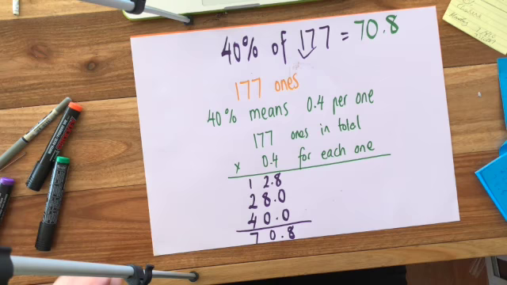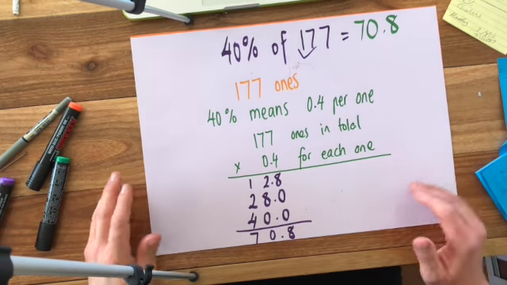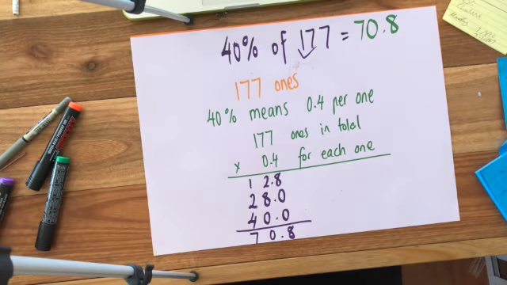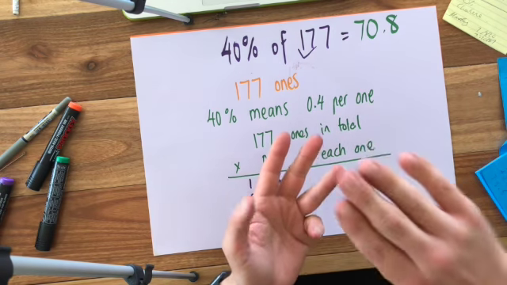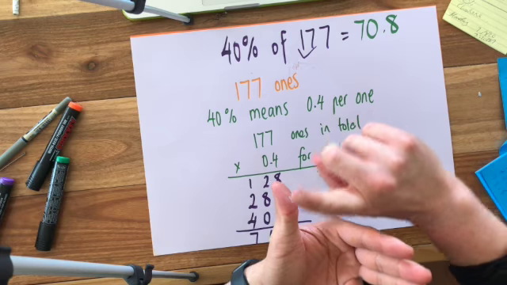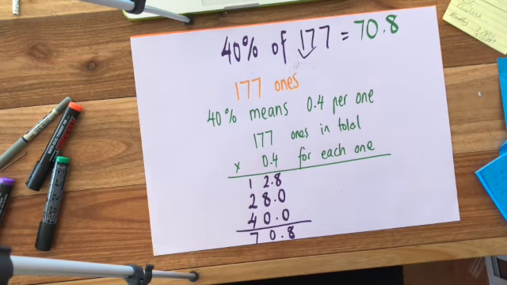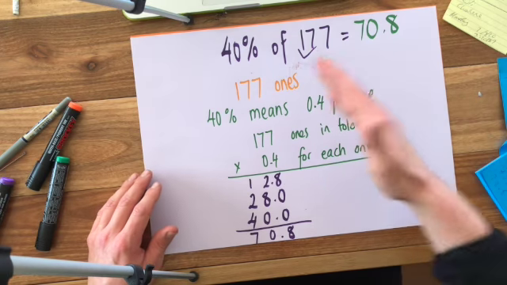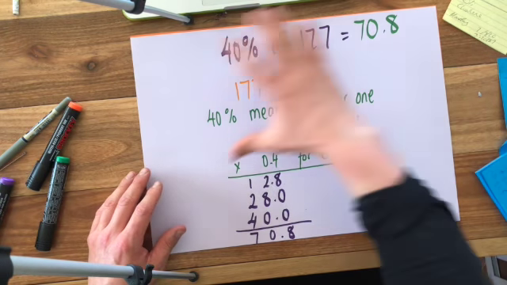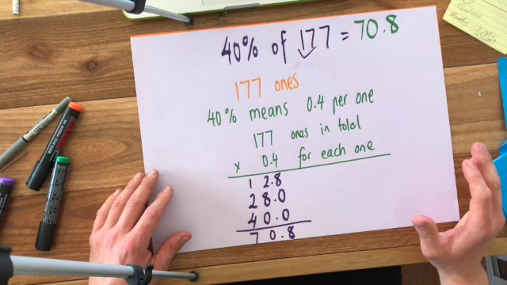So the one thing I need you to take away from this video is when we're finding a percent, we can find it per 100, we can find it per 10, we can find it per 1, we can find it per 1,000, per 10,000. However, what we want to do is not go through each and every step, because our page will be filled with working out.